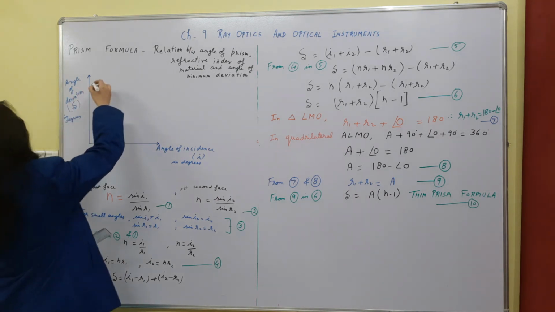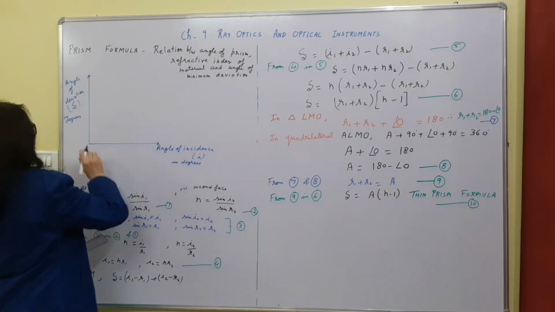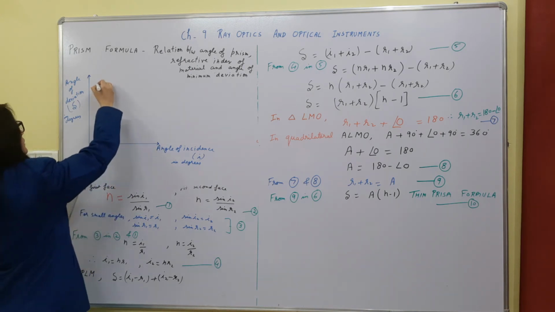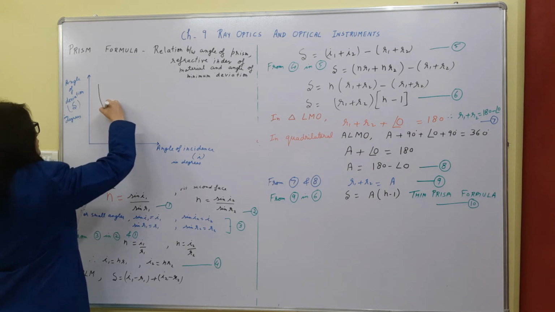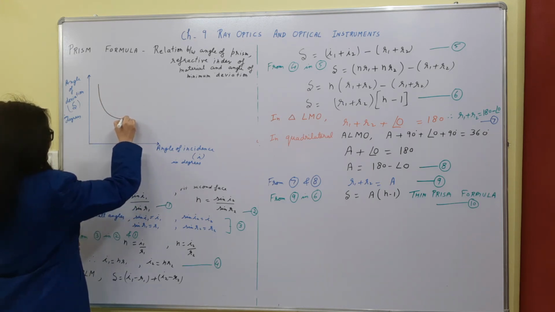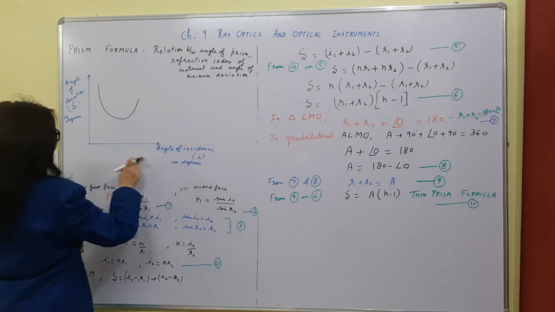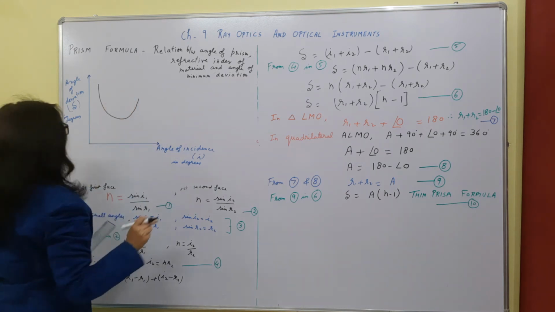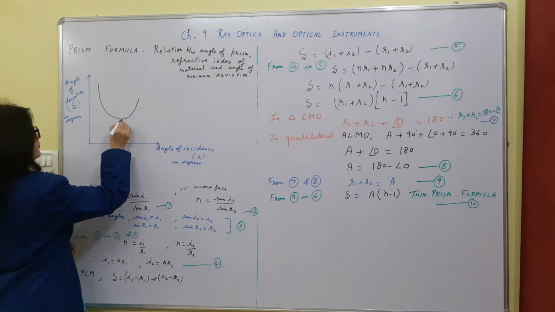It is observed that for low angle of incidence, the deviation is more, and with increase in angle of incidence, the deviation decreases, and then with further increase in the angle of incidence, the deviation increases again.